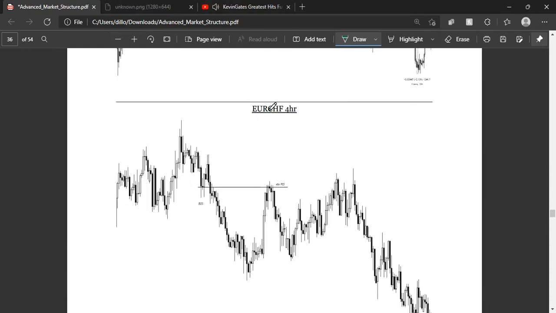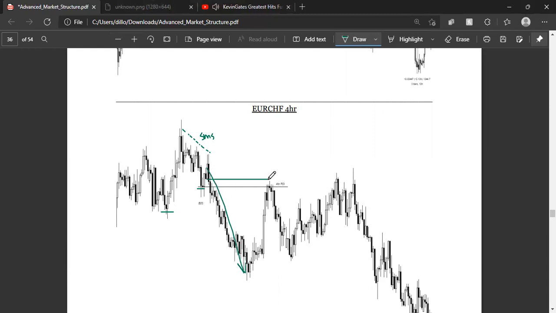We have Euro CHF again, right here. Let's see, what do we see here? It looks like right here we see a shift in market structure, and then structure gets broken to the downside.